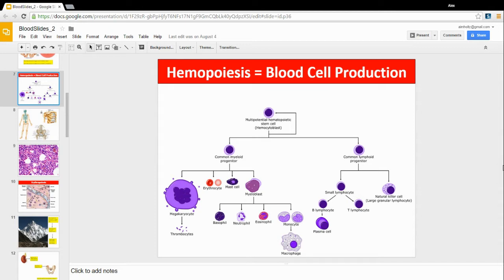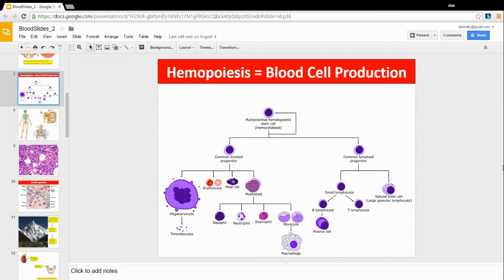The fancy term for making blood cells is hemopoiesis. Hemo meaning blood, poiesis meaning production, making, synthesis. And it all starts with this stem cell. It's at the top of our flowchart here, called a hemocytoblast.